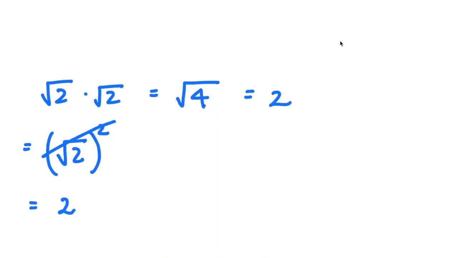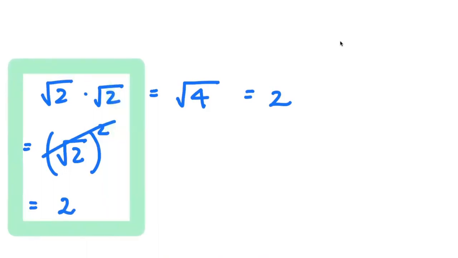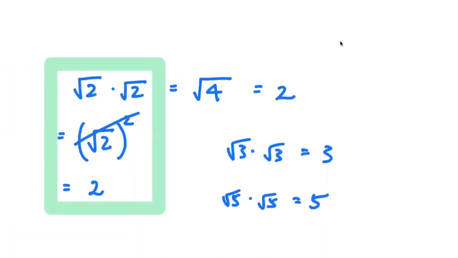So this will be my preferred and your preferred way of handling these, like root 2 times root 2. It's 2. What about root 3 times root 3? Duh, it's 3. And what about root 5 times root 5? Duh, it's 5. So knowing how to process these will be really, really important.